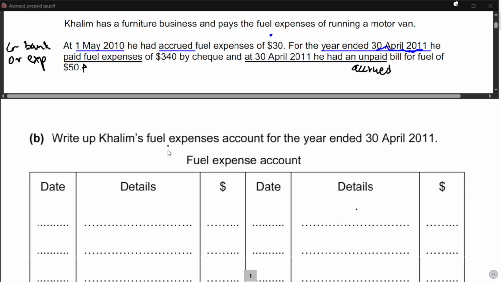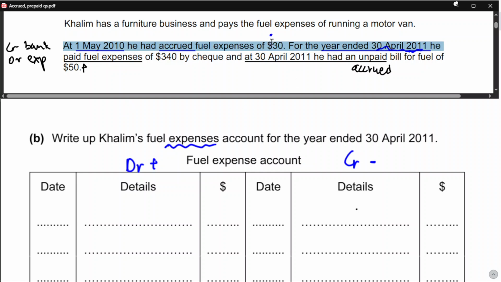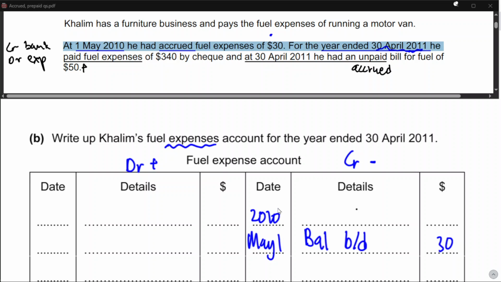Now we are doing the expense account. So debit we plus, credit we minus. The first line says minus 30. So minus 30, 2010 May 1. First day, balance BD. Then you pay fuel expense by cheque.